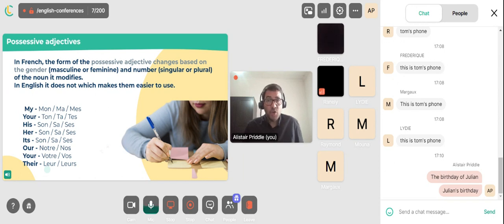My, your, his, her, its, our, your, their. Okay, now his, her, and its. These relate to third person personal pronouns. He, his, she, her, it, its. Okay.